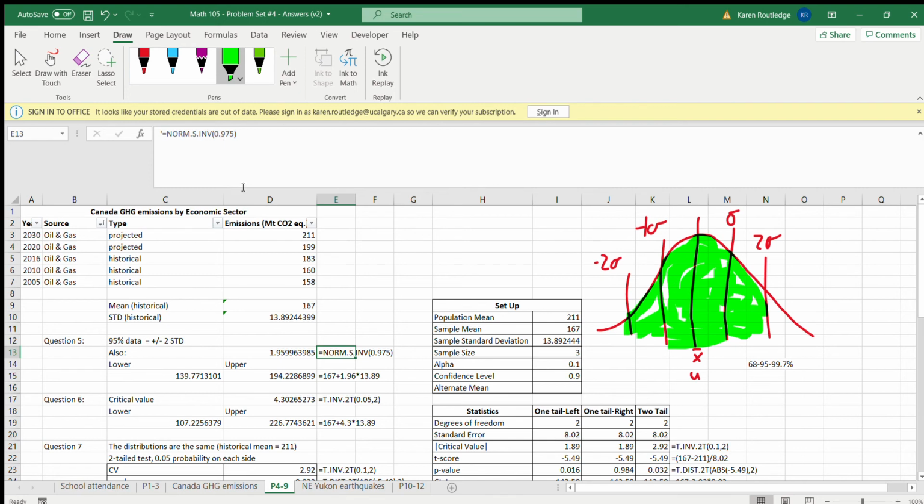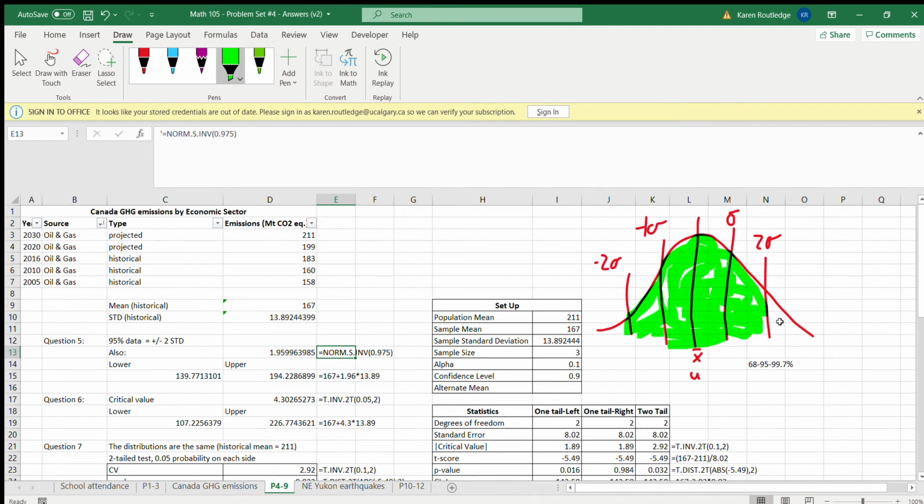Why is that? Well, because we're talking about a symmetrical lower and upper value. So we have some empty space here and some empty space over here. The sum of those empty spaces needs to be 5%. So we're including 95, that leaves 5% left over, and we need to take that 5% and split it evenly to the left and to the right. If we split it in half, that leaves us with 97.5 from the left all the way up to here.